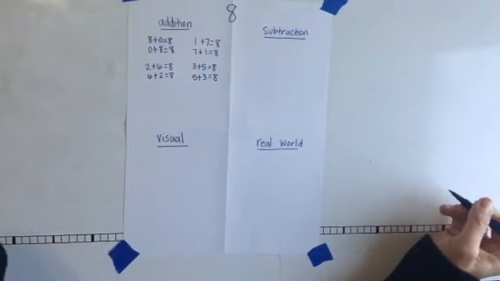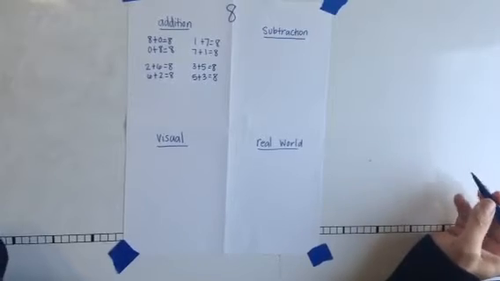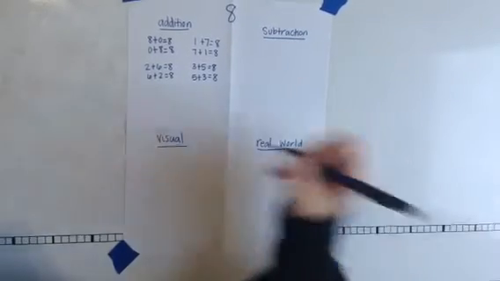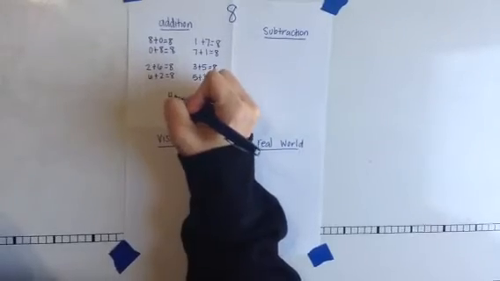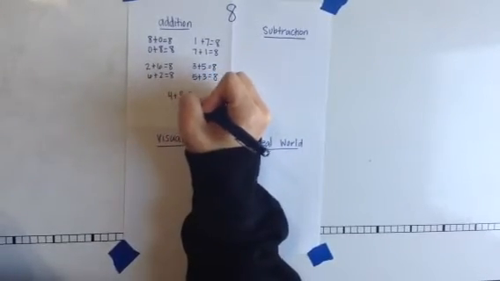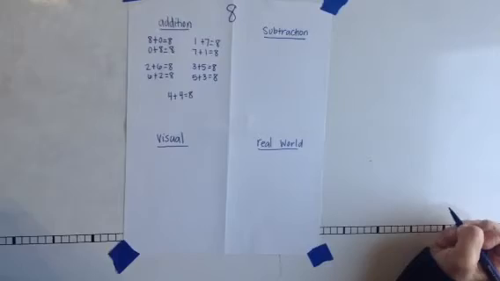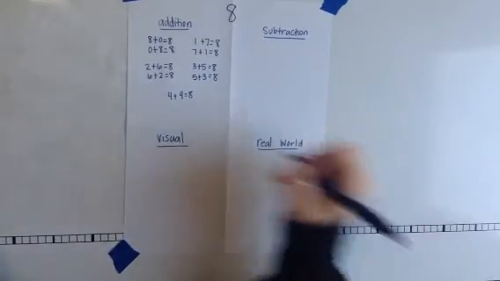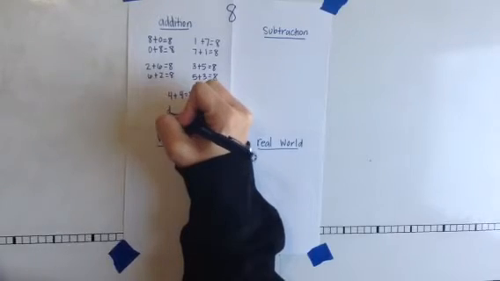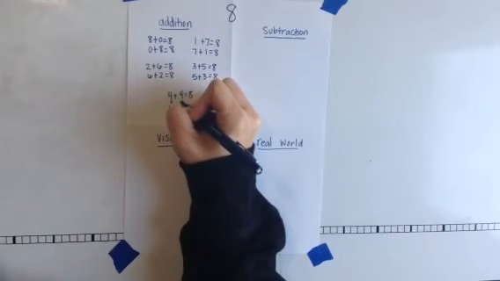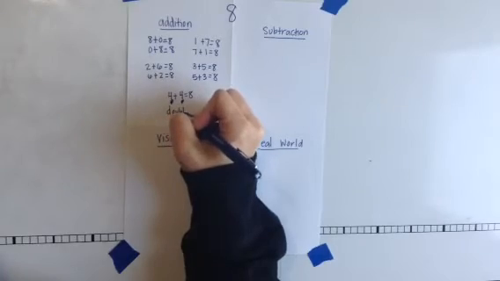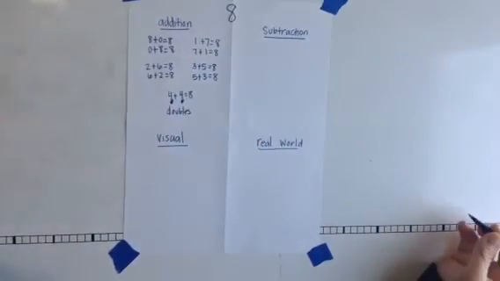I think I saved the best for last. Do you know which one I'm going to write down next? Which math fact? If you said 4 plus 4 equals 8, you are right. The thing that I love about this math fact is that it's called a doubles fact because it uses 4 twice. So I have 4 and 4, and we call that a doubles fact.